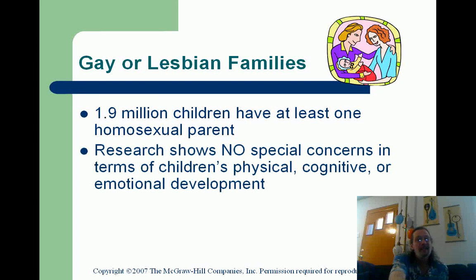We don't see anything that says homosexuals, gays, lesbians should not be able to raise kids to be just as healthy as other kids. In fact, a lot of times, particularly girls who are raised in lesbian households, have higher self-esteem and are much more comfortable with their sexuality.